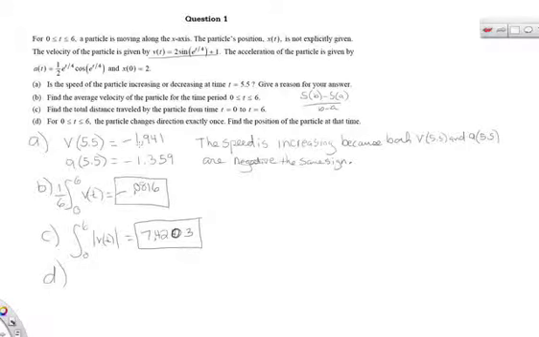Okay, so there's a couple things it wants me to do. The first is I need to locate this exactly one time when we change direction. So I need to find when the velocity equals 0. And so I'm going to go to my graph, and I need to find when velocity is 0. Okay. And to save time, I didn't need the acceleration graph, and it's still graphing it, so I could have turned that off.